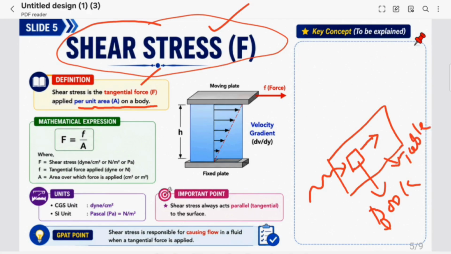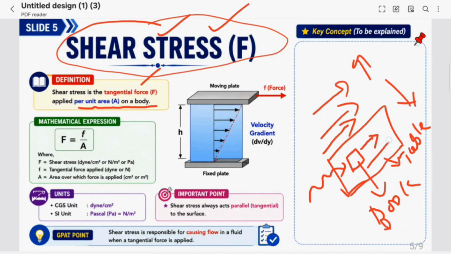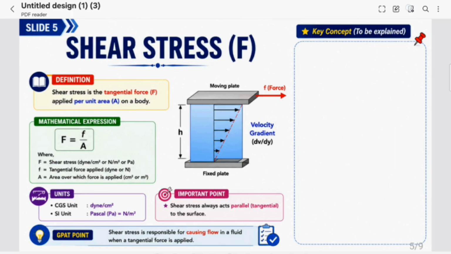Now the tangential force or shear stress means the force which acts in a parallel direction to this table. The force is not in a downward movement, it is not in an upward movement, but rather it is in a parallel direction to this table. So this is called shear stress. Tangential force means that the force applied to this moving plate is parallel to this surface.